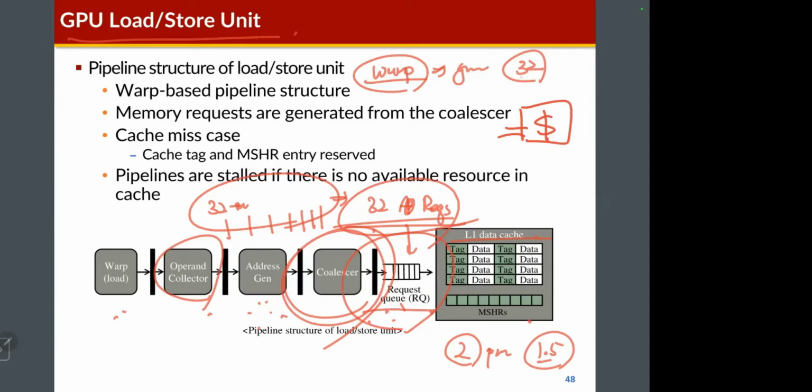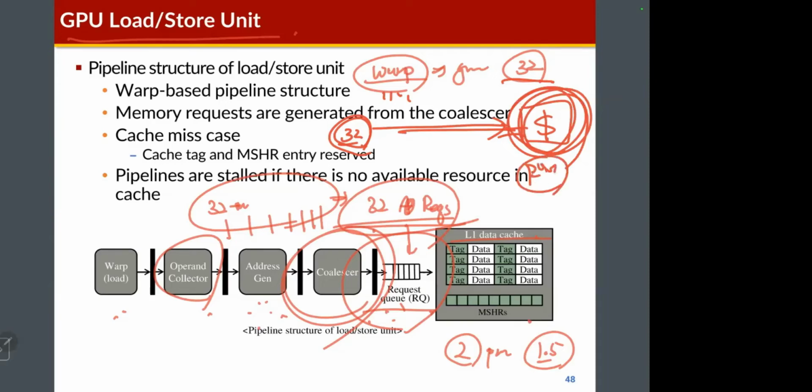So when the memory transactions are generated from this warp, we can generate the maximum of 32 memory transactions. If these transactions access the cache, the accesses should be serialized because the cache has limited resources like the port.